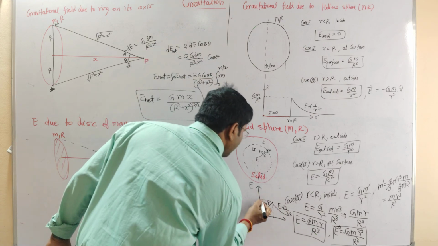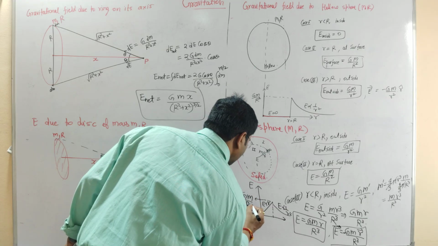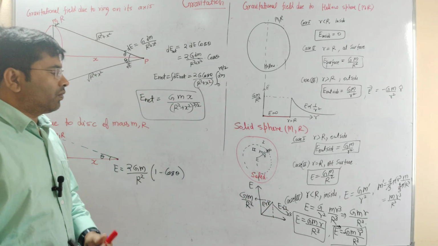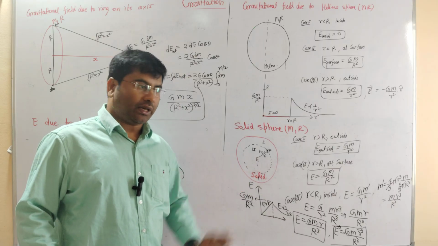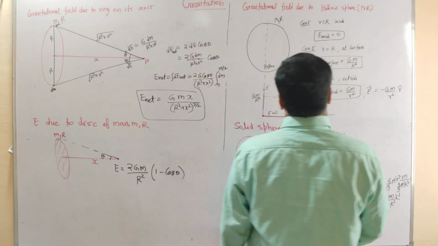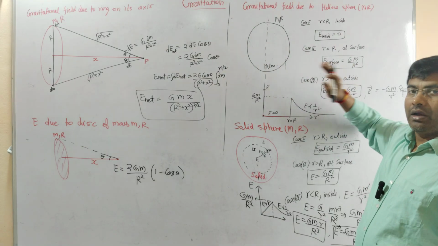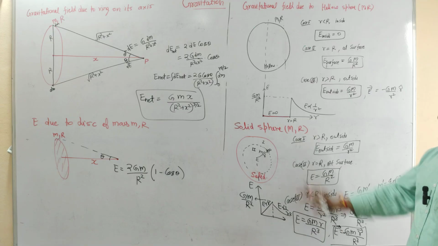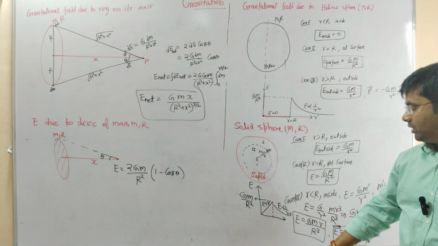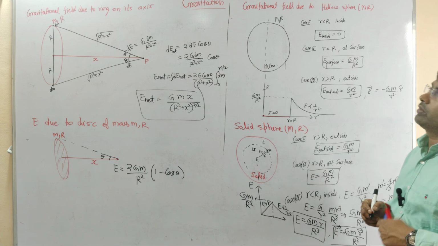The maximum value is Gm by R square. Clear? You have to know the maximum value of E and how it varies inside and outside. This formula is very important. Outside and at the surface, hollow and solid behave similarly. The variation is inside: for the hollow sphere the field inside is 0, while for the solid sphere it increases linearly. This is how we have to calculate.